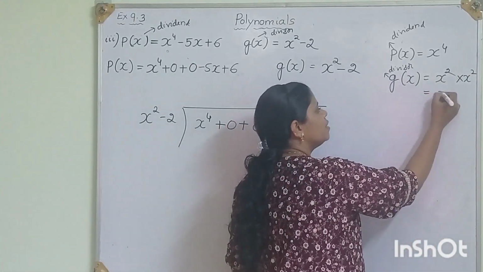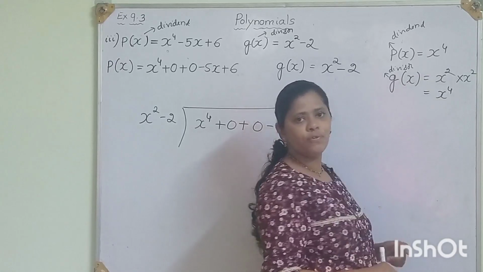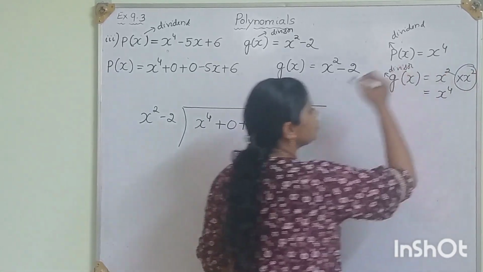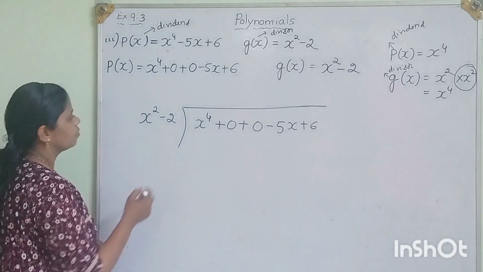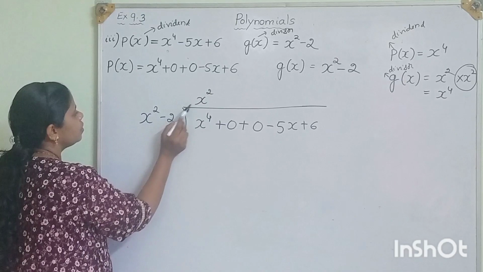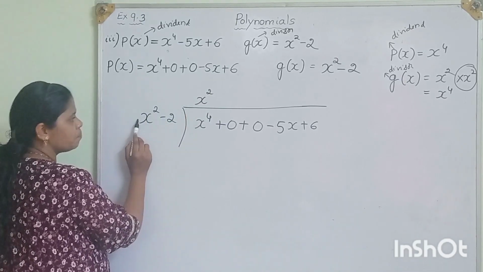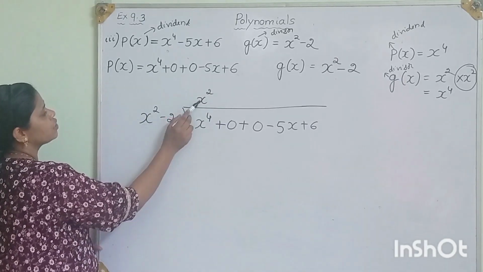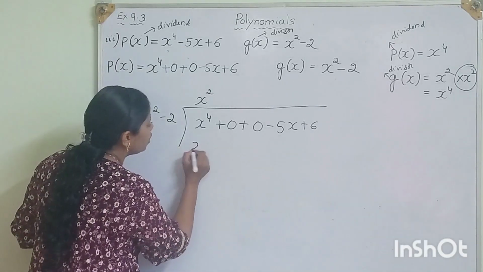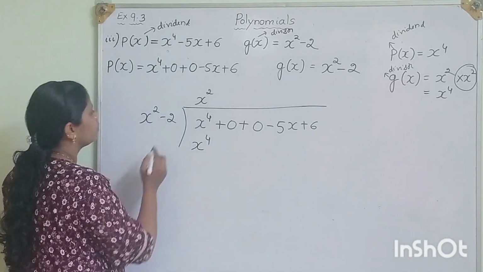So that we will get x to the power of 4. So let us multiply by x square. Plus into plus is plus. X square into x square is x to the power of 4. Therefore, let me write x to the power of 4.